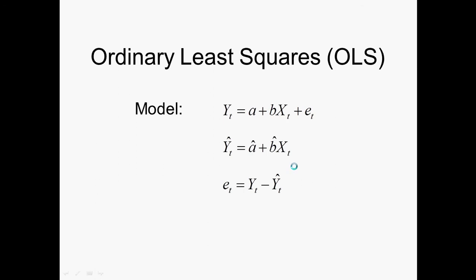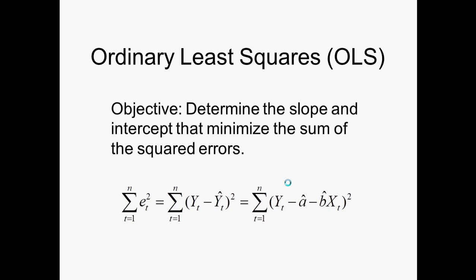And then the error that's left over is just whatever the difference is between yt and y hat. So for some particular prediction, there will be some set of errors, and if we square those errors and then add up the sum, that's the quantity that we want to minimize. This is expressing it more formally, so you want to minimize the sum of squared errors.